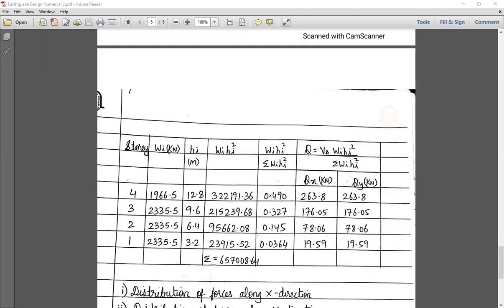So Q, how will you get it? You will multiply VB into the ratio. ठीक है. Directly you will get it. I hope everyone is checking.